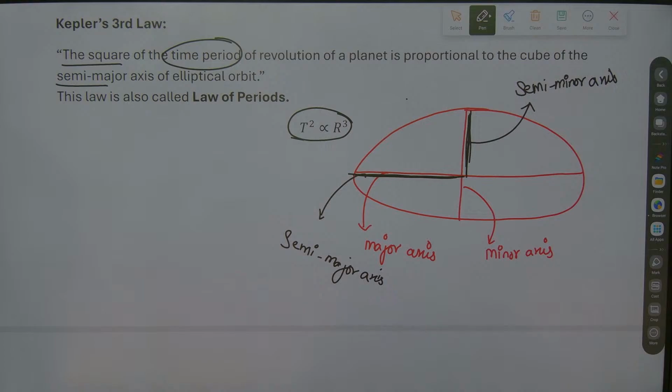Then can we go for the next one? Completed?